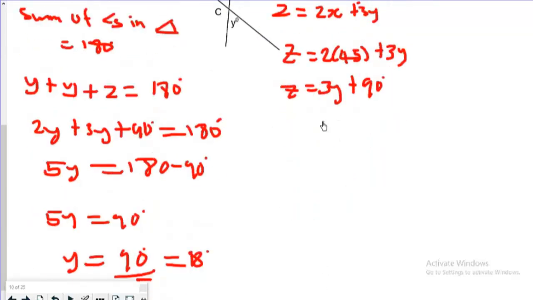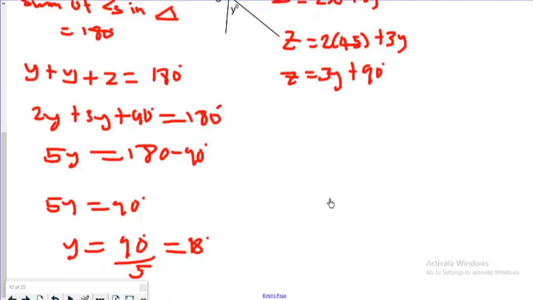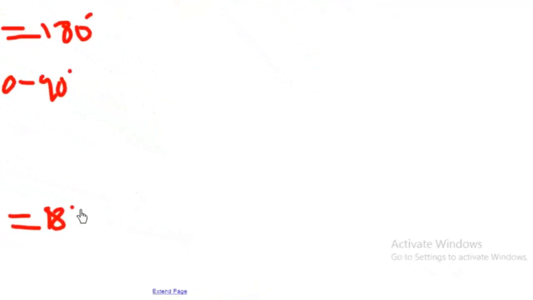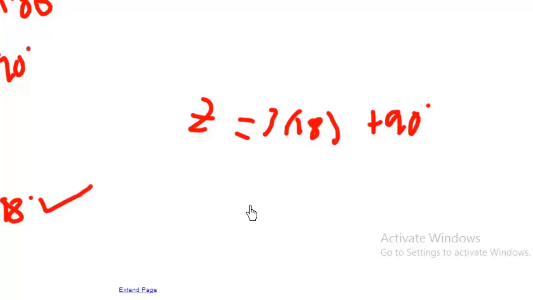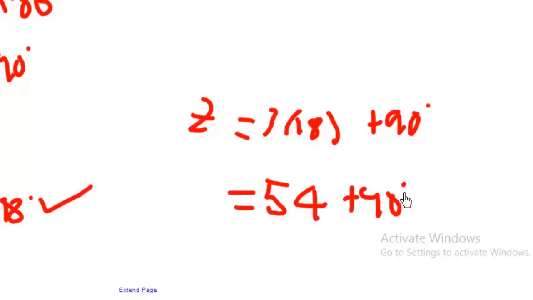Then our z: x is equal to 45 degrees, y is equal to 18. Then my z will now be equal to 3 times 18 plus 90, and this will be equal to 54 plus 90, which is 144 degrees. So that's it.